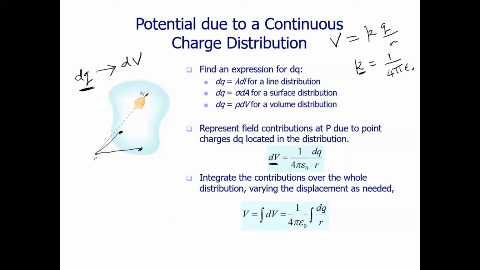Now this dq here, depending on the charge configuration, whether it is a linear charge distribution, surface charge distribution, or volume charge distribution, you can use any of these equations to express the element of charge in terms of an appropriate charge density.